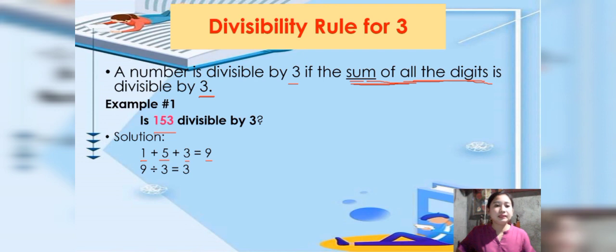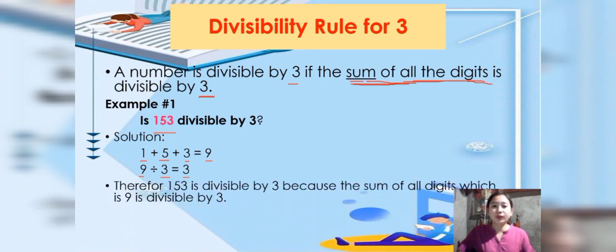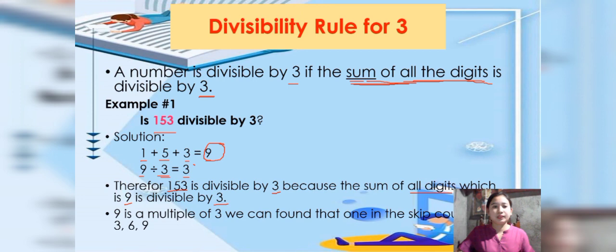Then 9 divided by 3. The quotient is 3. Therefore, 153 is divisible by 3 because the sum of all digits, which is 9, is divisible by 3. 9 is a multiple of 3.